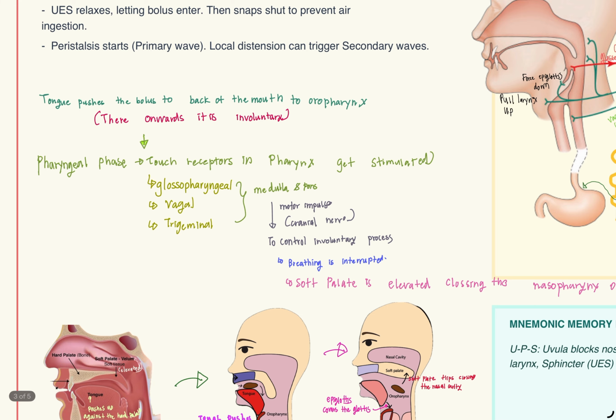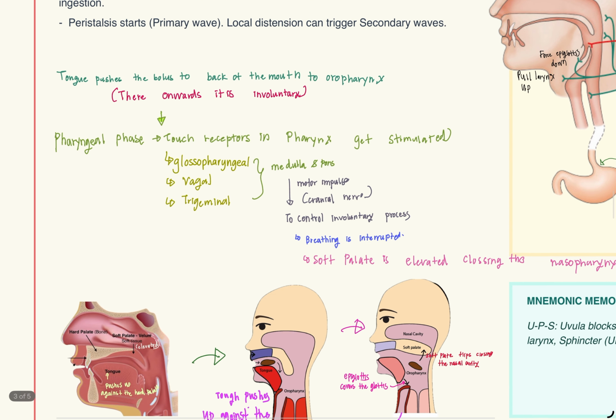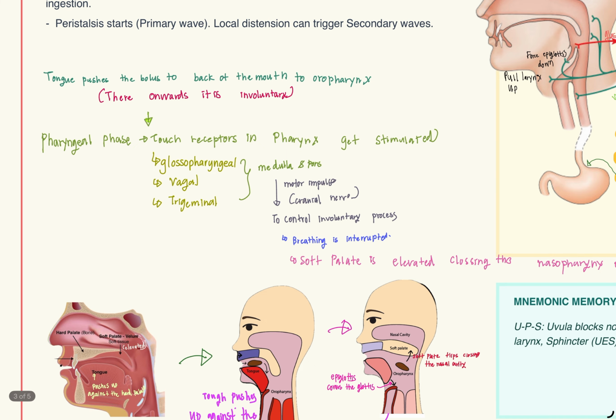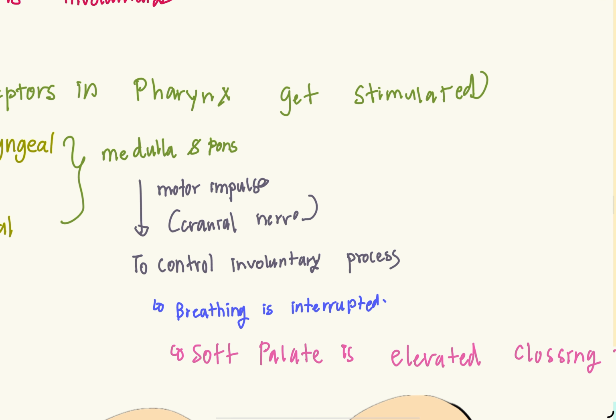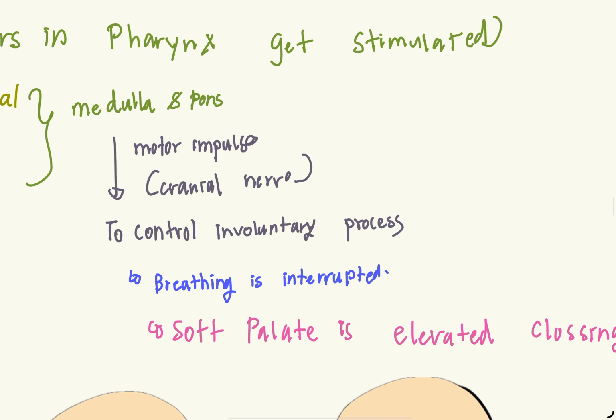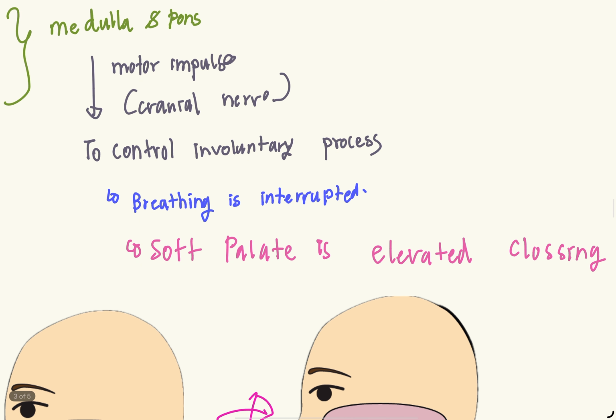After the oropharynx onwards, it is involuntary because touch receptors in the pharynx get stimulated. So the glossopharyngeal, vagal and trigeminal nerves will send impulses to the medulla and pons, and then it will send motor impulses via cranial nerves to control the involuntary process.